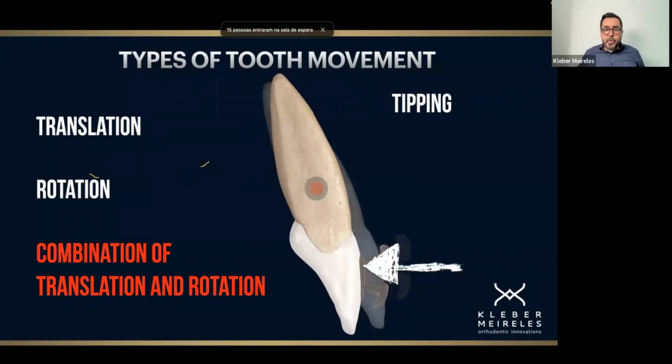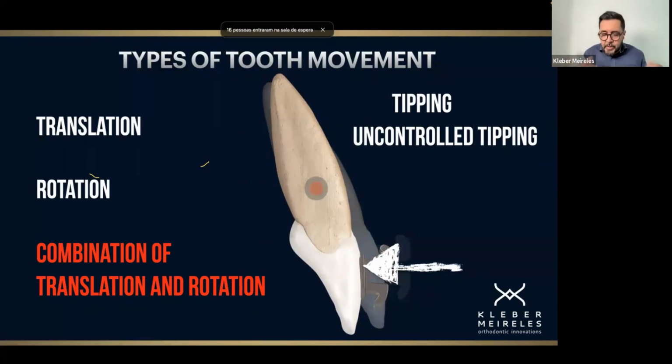And in this case, we call it uncontrolled tipping, because we have the line of action of the force. I'm not focusing, of course, on the relationship between the force and the moment here, just thinking about one force passing approximately 10 millimeters far from the center of resistance.